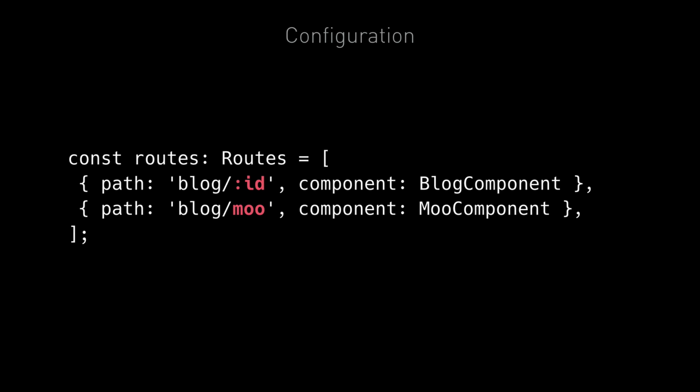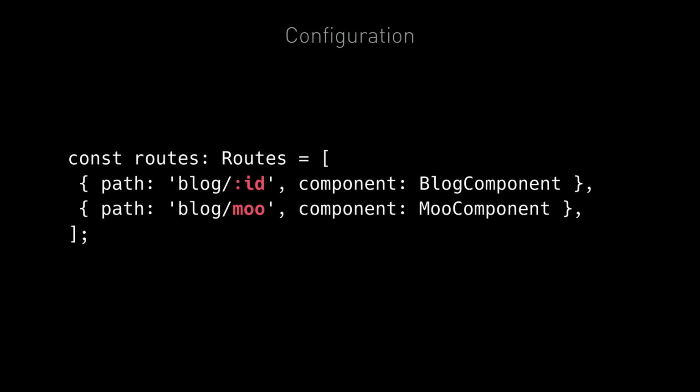That's because the non-parameterized /blog/moo route takes priority over the parameterized /blog/:id route.